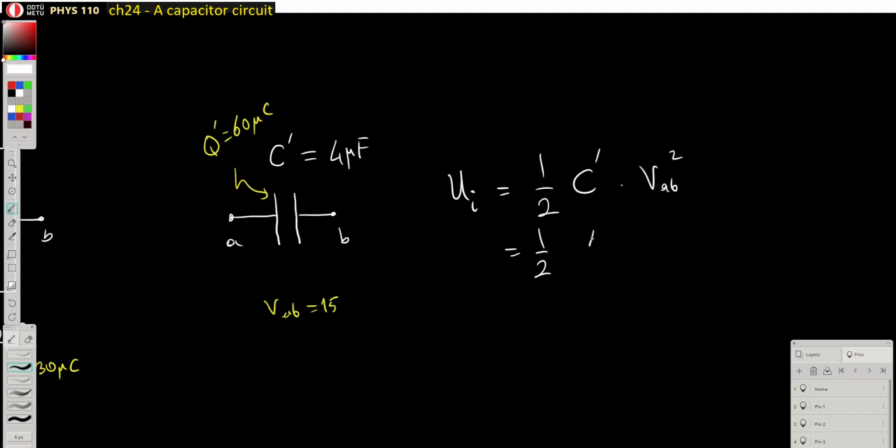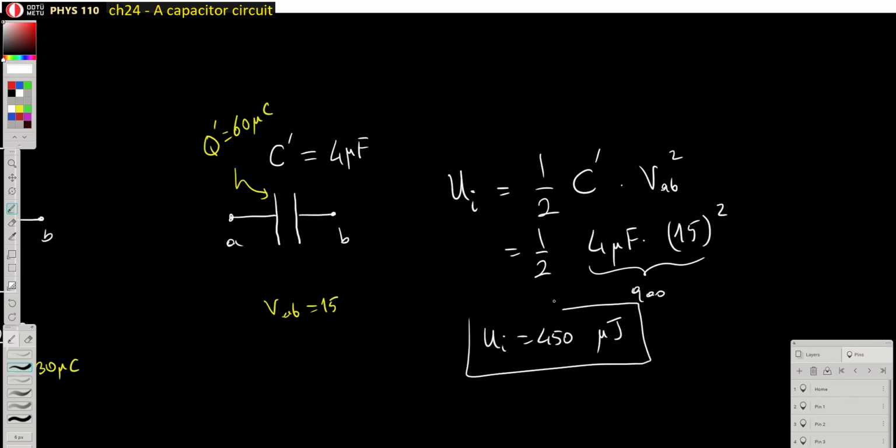Okay, so this is 4 microfarads, and the potential difference is 15. I need to take the square of 15, so that's 900. As a result, this is 450 microjoules. So that's the initial total energy.